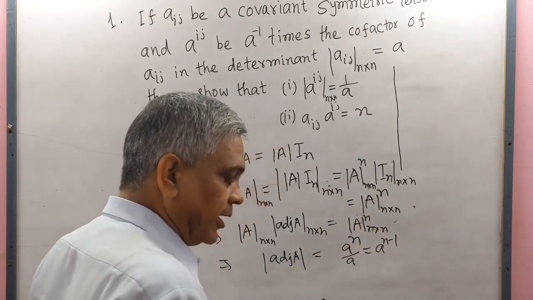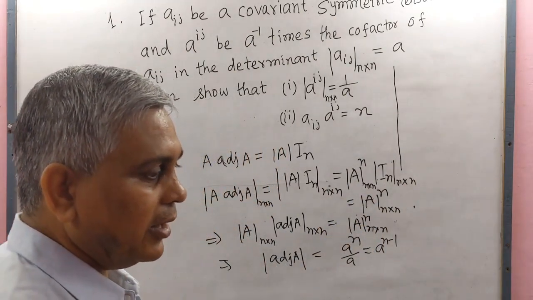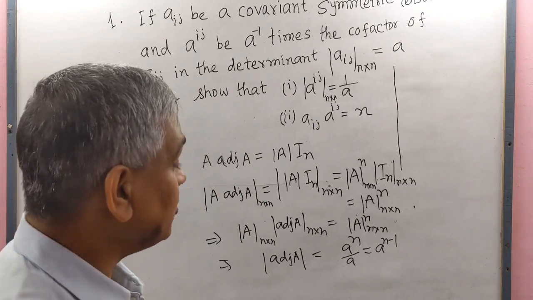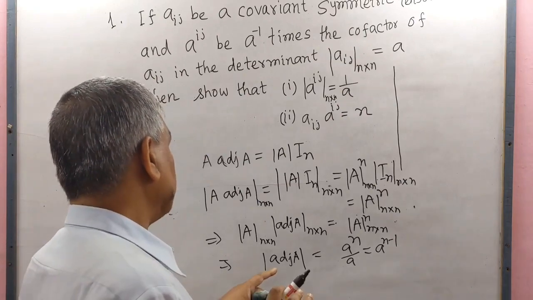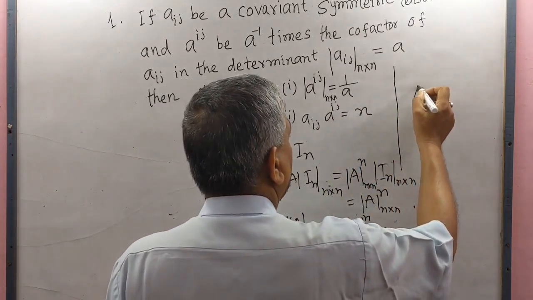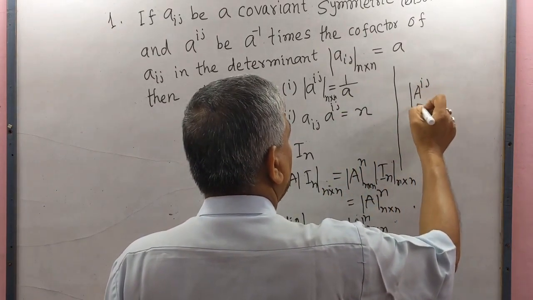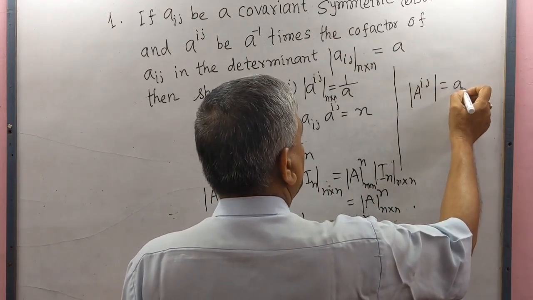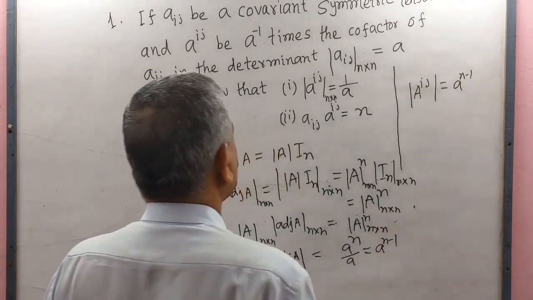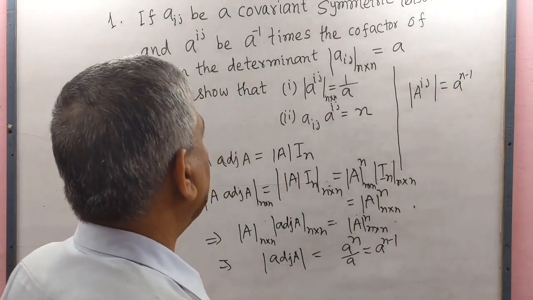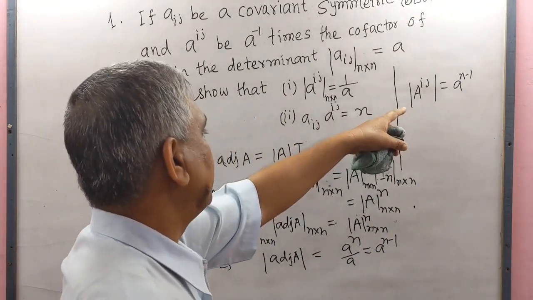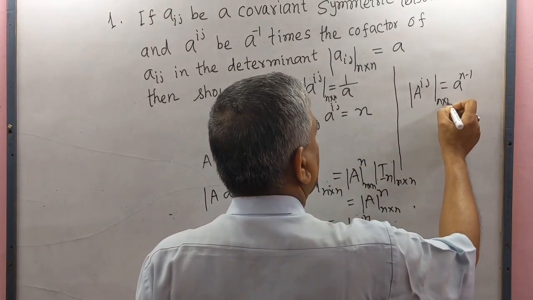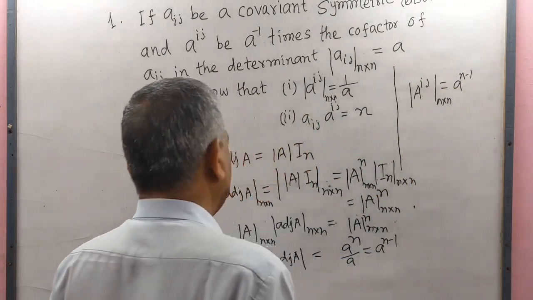And we know also that the determinant of A and of its transpose A dash are equal. So the determinant of A_ij equals a to the power n minus 1. So we have verified the result that the determinant of the cofactors is a to the power n minus 1.